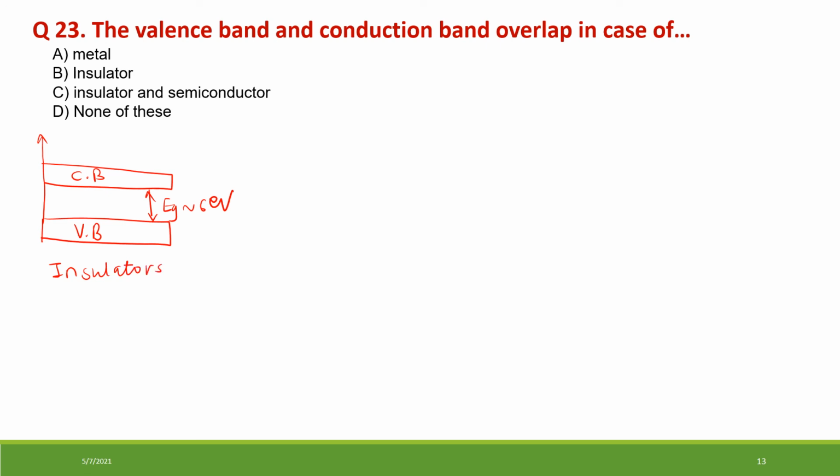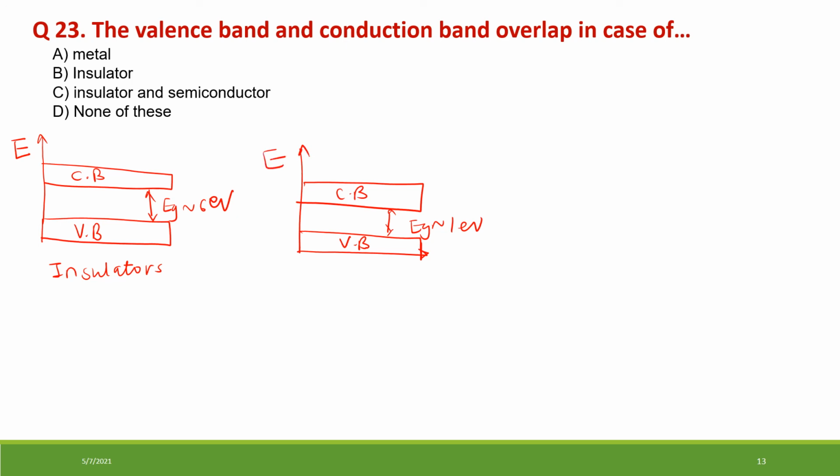On y-axis there is the energy. If this energy gap between valence band and the conduction band is less than 6 electron volt and nearly equal to 1 electron volt, so here is the valence band and CB conduction band, then this type of materials are semiconductors.